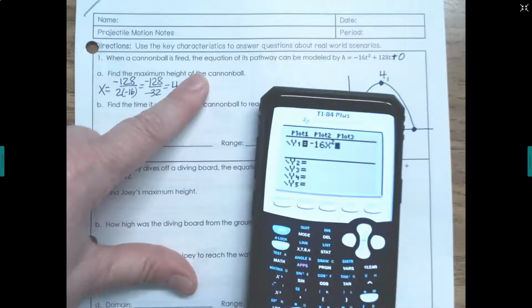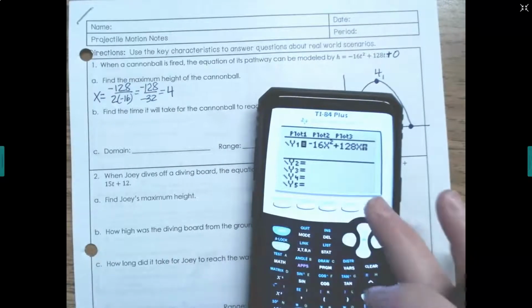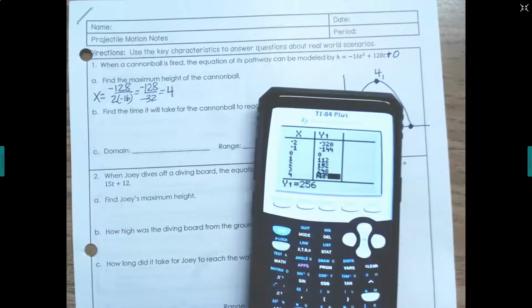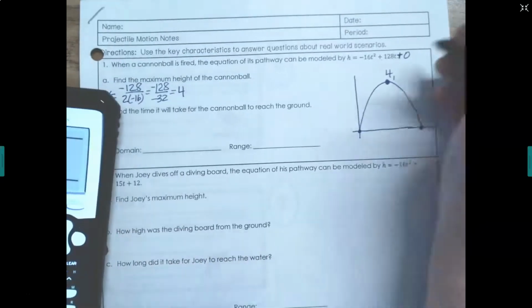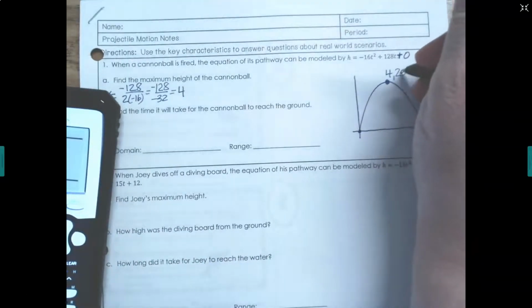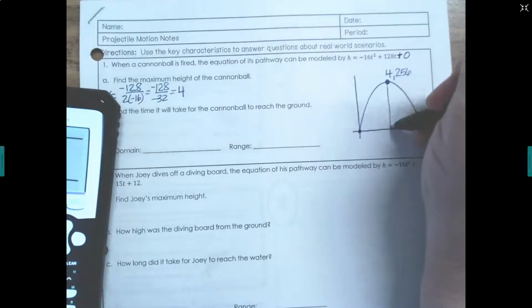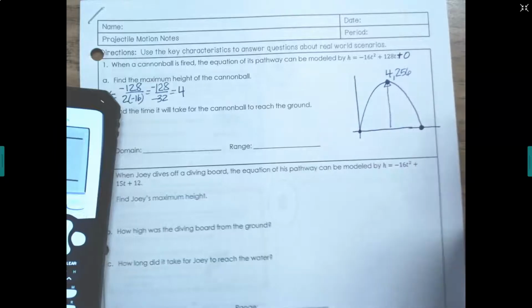Remember, we don't have t, so we just use x squared plus 128x. I'm going to go look at my table of values for where x is 4, and my y value there is 256. Okay, so when x is 4, y is 256. So that's the maximum height right there. That's as tall as it's going to get.